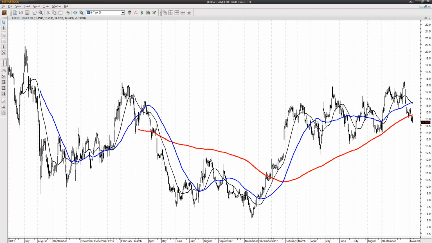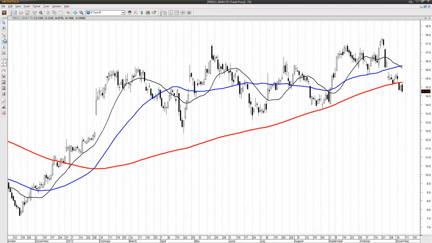FSL, you've got a trend line. You connect this trough here with this trough, and you will have this level. When I calculated this before, I came up with the exact level of 14.53.